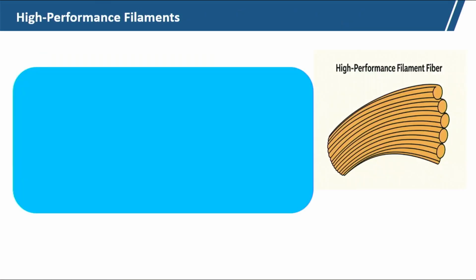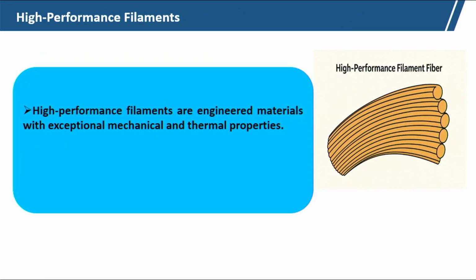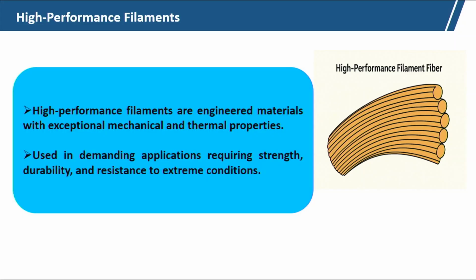Now, high performance filaments are engineered materials with exceptional mechanical and thermal properties. They are used in demanding applications where strength, durability and resistance to extreme conditions are required. In those cases we use high performance filament yarn.